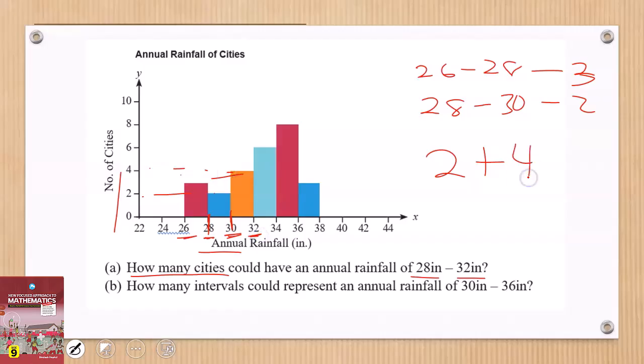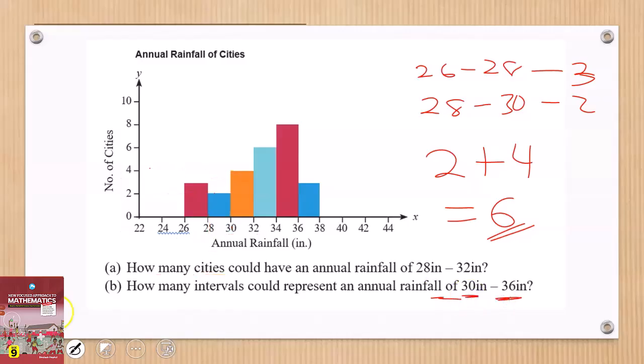So plus 4. Together will give us 6 cities. That means the number of cities that will have their rainfall between the range of 28 to 32 inches, there are 6 cities.